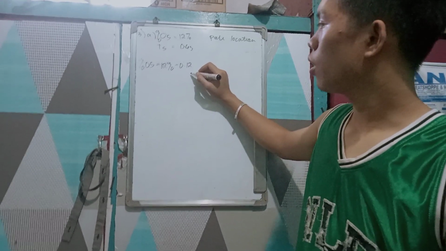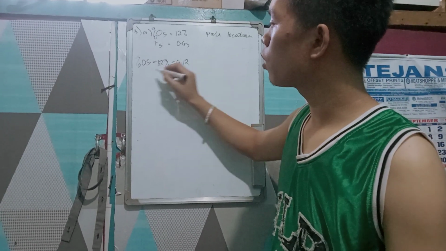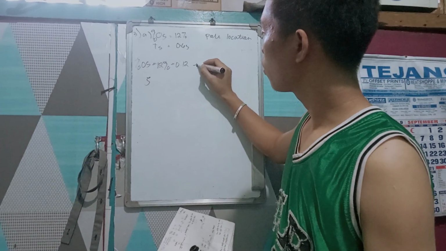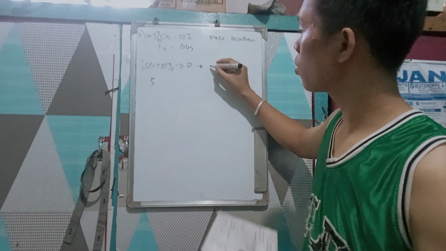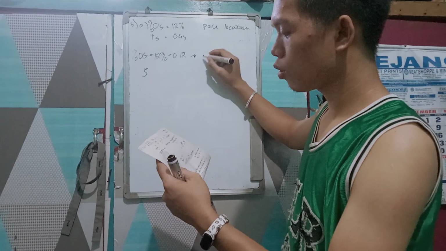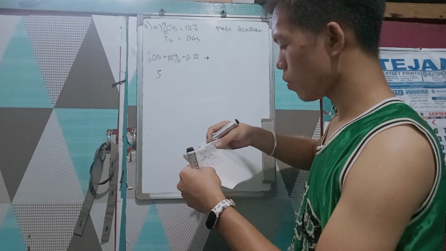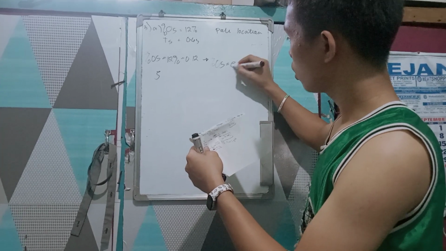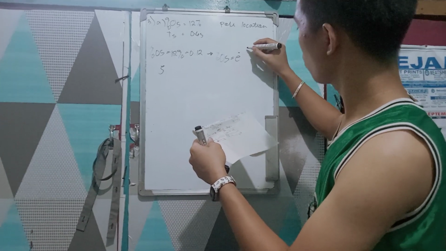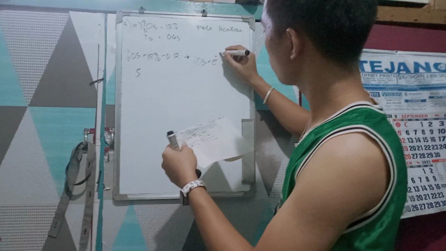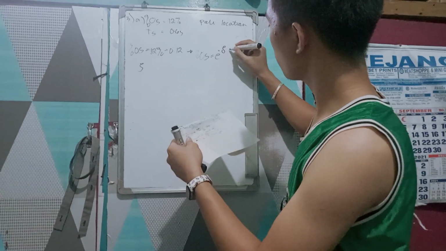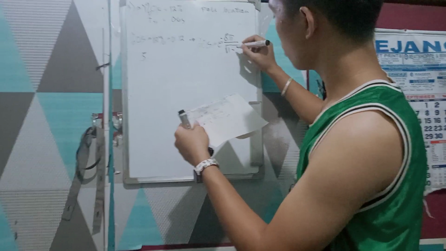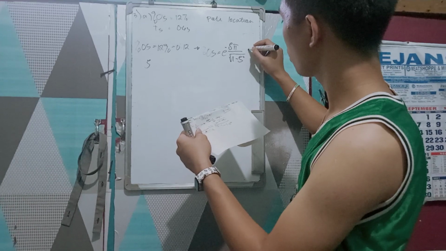So, in finding the damping ratio, we have to use the equation for overshoot. Percent of overshoot is equal to e raised to negative damping ratio times pi over square root of 1 minus damping ratio squared, times 100.